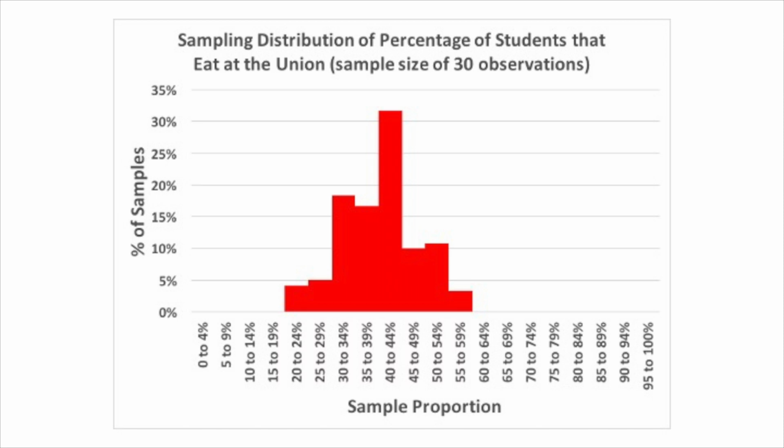But when you look at this histogram, you see that the highest bar, which is a little bit over 30%, is 40 to 44%. And that makes sense because the true population proportion was 40%. If you move over a little bit farther to the right in the distribution, you also see that there were no samples where the proportion was 60 to 64%, 65 to 69, 70 to 74, etc.